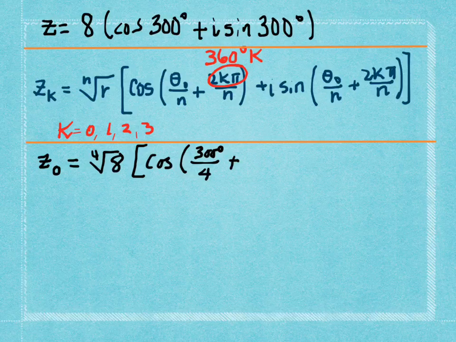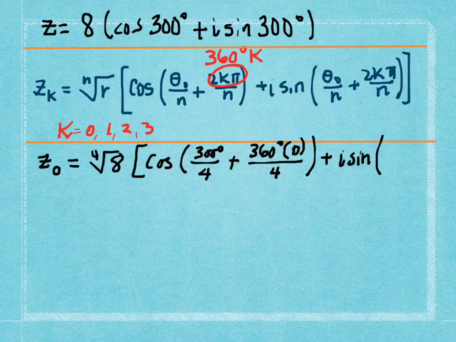And then I'm going to have 360 times, in this case, 0, because k is 0 on this particular rendition of my roots, divided again by 4, plus I sine of the same values. So just so that we've got it written in properly, we'll go ahead and write them one more time.